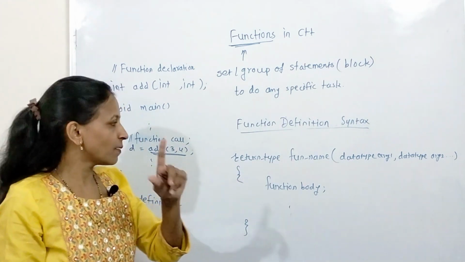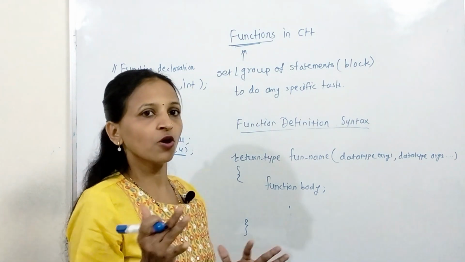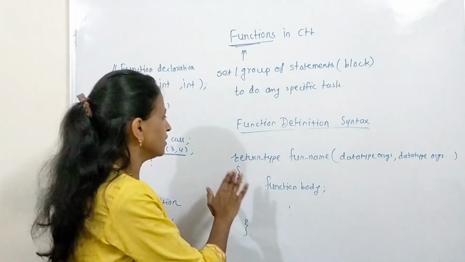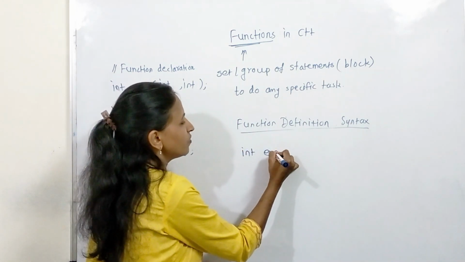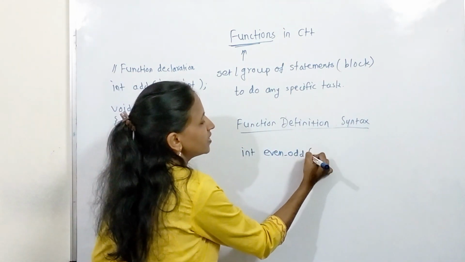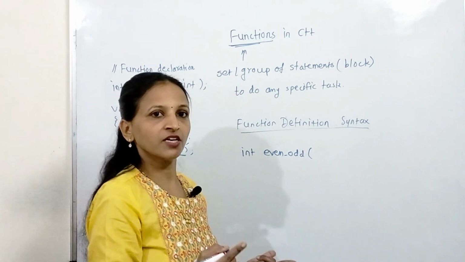For example, I want to write a function to check whether a given number is even or odd. Then how will I write it? Here we write integer, then the function name, say evenodd, and we pass one integer value n, which we will check to see whether it is even or odd.